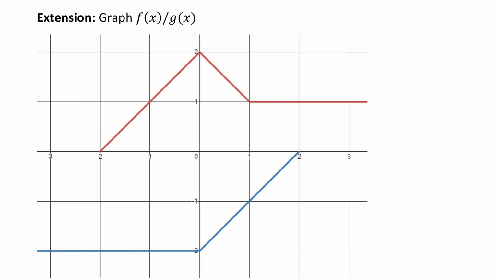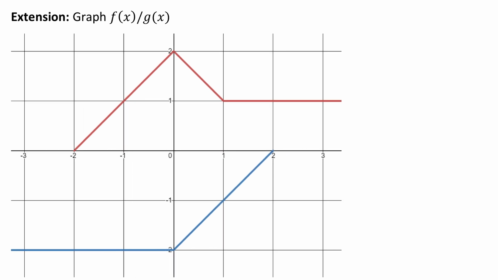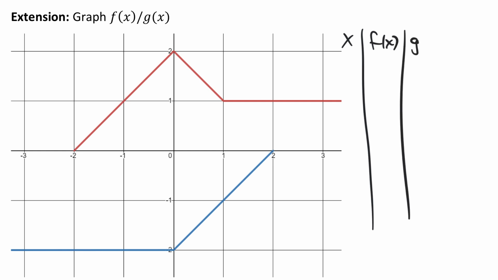Let's go ahead and graph f divided by g of x. So this is really tricky. You have to do division on this one. So again, pause the video and give it a try. Okay, so again, we have x, f(x), g(x), and f divided by g.